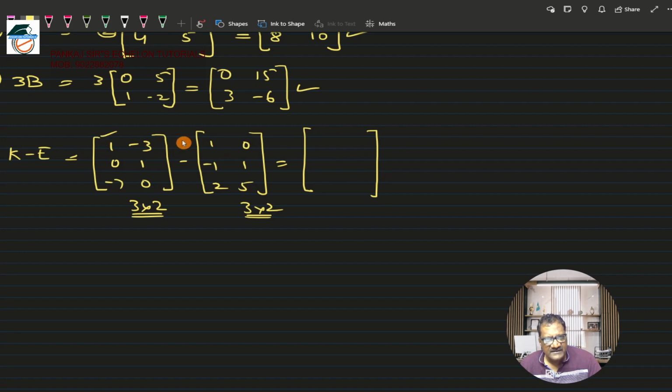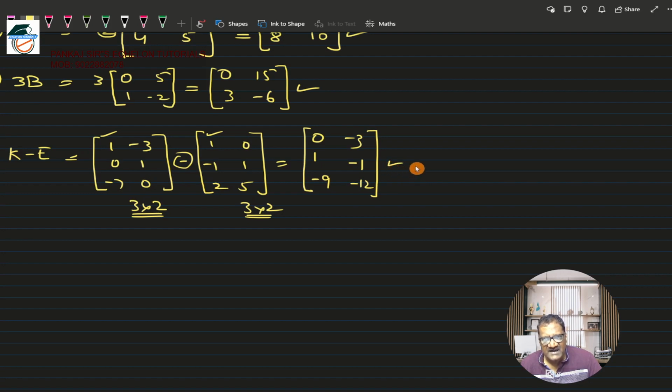This one minus this one. Now the operation is minus. So 1 minus 1 is 0, and minus 3 minus 0 is minus 3. Then 0 minus a minus 1 will be plus 1. Then 0 minus 1 will be minus 1. And then minus 7 minus 2 will be minus 9. And minus 7 minus 5 will be minus 12.